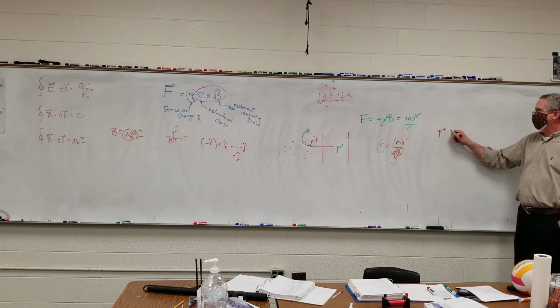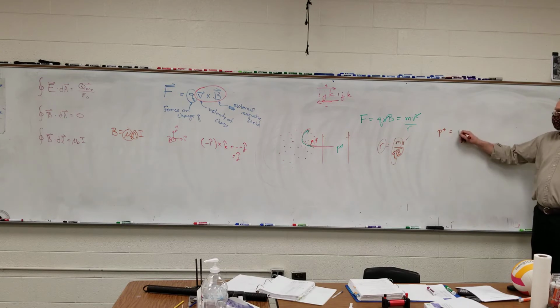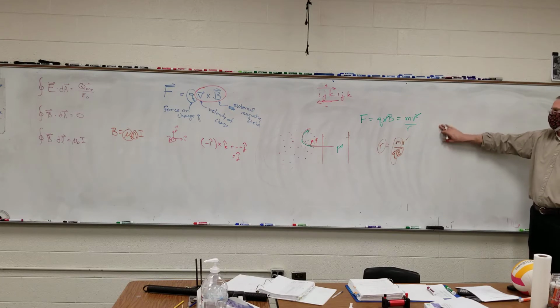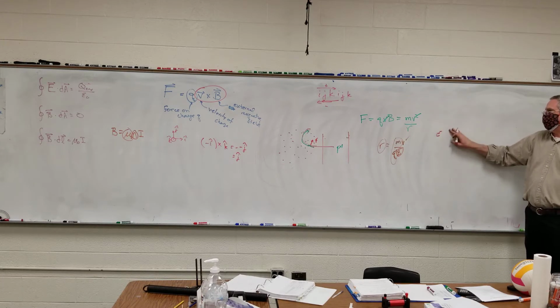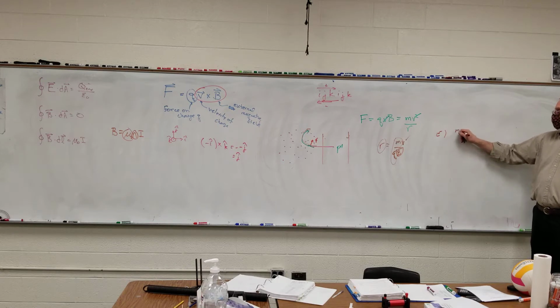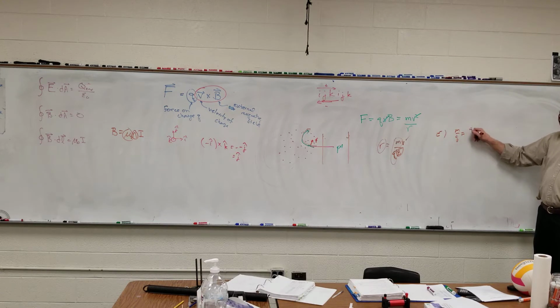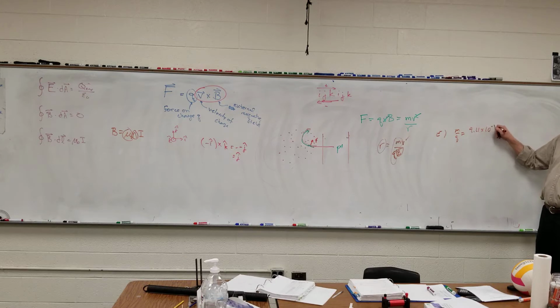So a proton has a mass, it's going to go to some memory. Let me do electron because I can do that one better. So for the electron, the mass over charge is 9.11 times 10 to the negative 31st, I believe, divided by 1.6 times 10 to the negative 19th.